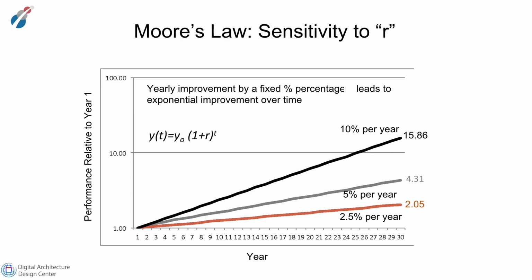If it's 5% per year, it'll be about 4 times. If it's 10% per year improvement, it's about a factor of 15. And if it's 37% per year, as we see here, then it's 10 orders of magnitude or more. So each percent improvement per year makes a huge impact over the long term.